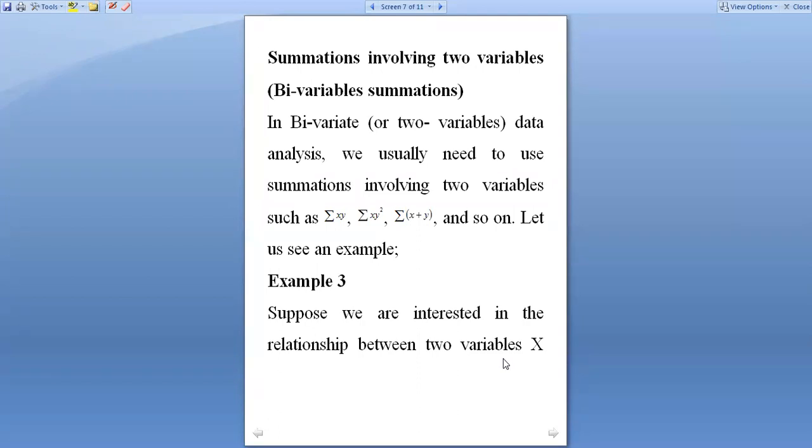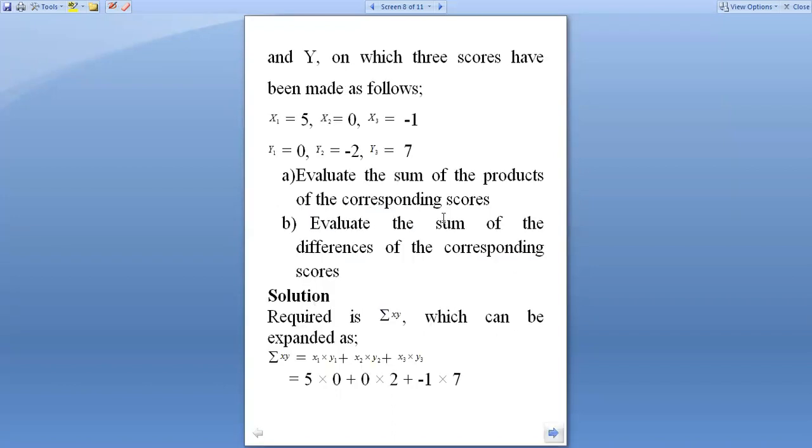If we are interested in the relationship between two variables, x and y, and three observations or scores have been collected as given here, x1, x2, x3, y1, y2, y3, and you are required to evaluate the sum of the product of the corresponding observations.